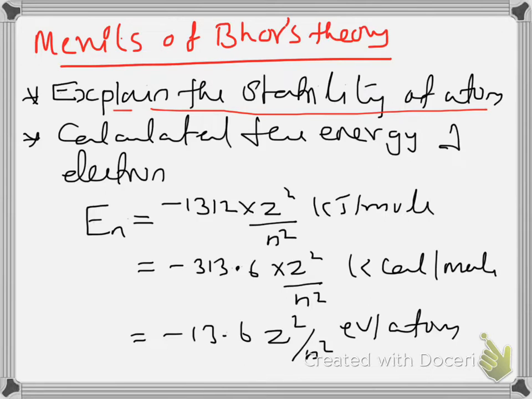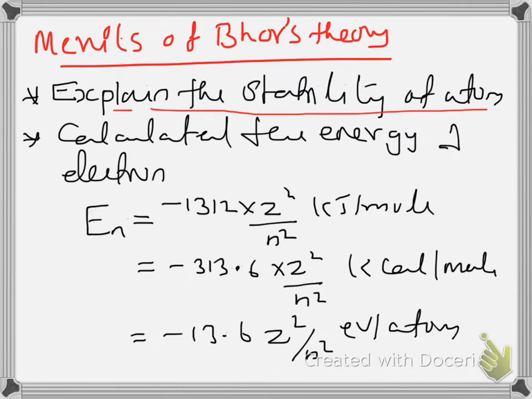But to overcome that difficulty, in the first postulate itself, Bohr declared that an electron moving through an orbit of fixed radius and definite energy will not change the radius of the orbit.